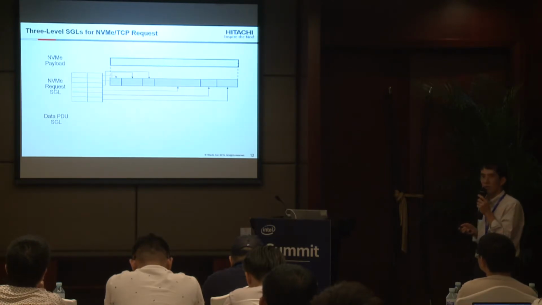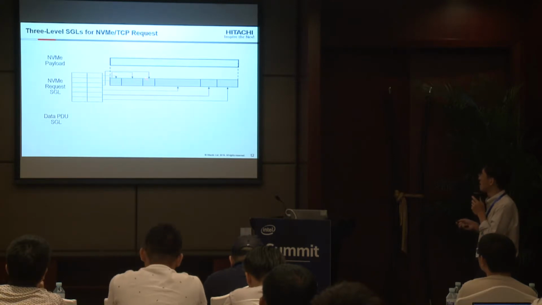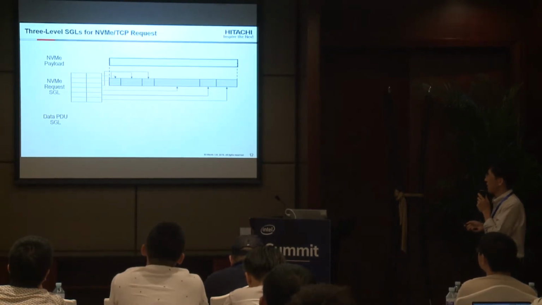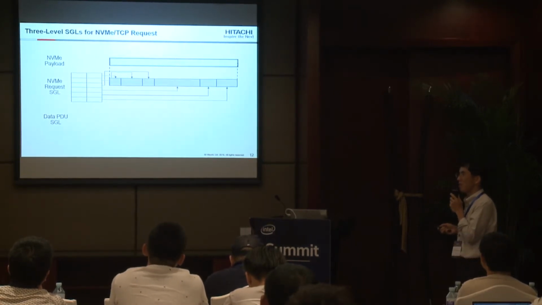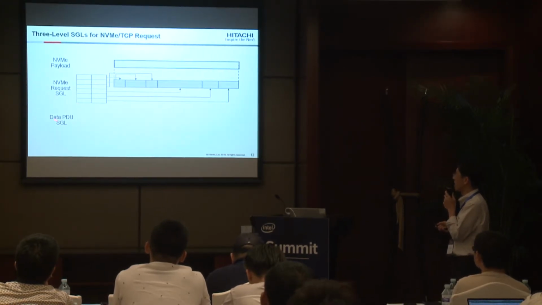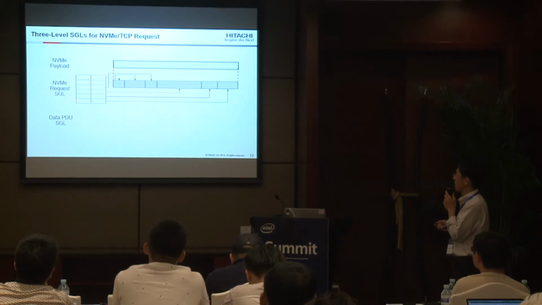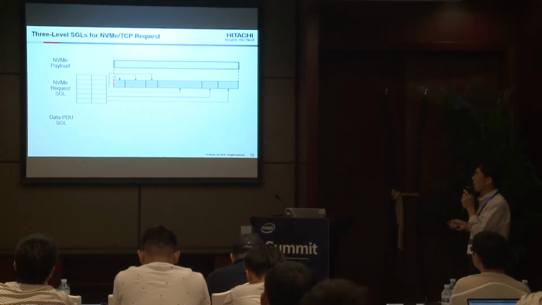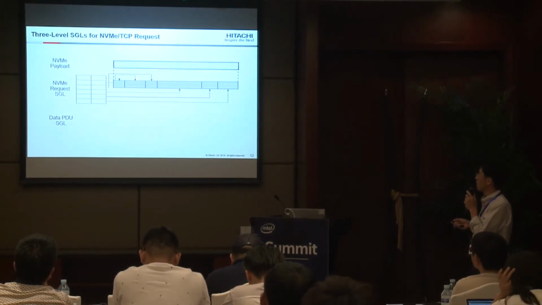But in some cases, this payload has to be split into smaller pieces, and each small piece is made of a data PDU. Between the NVMe request and the data PDU, there is no requirement about the boundaries. So the data PDU can have any boundaries.